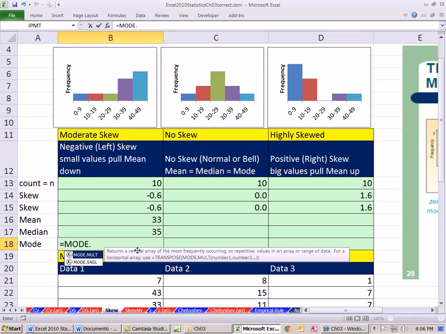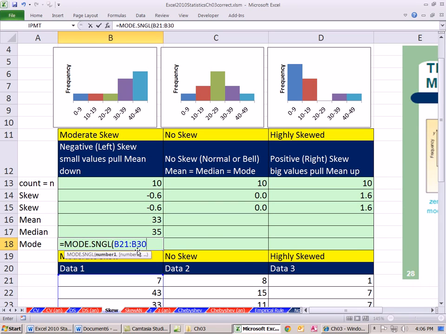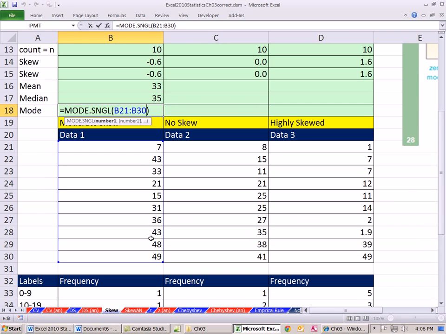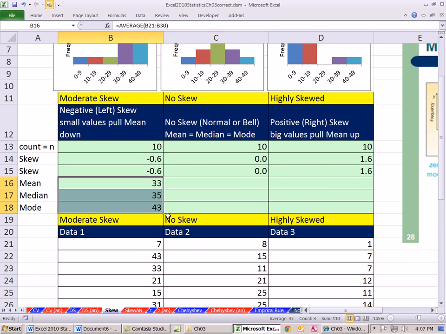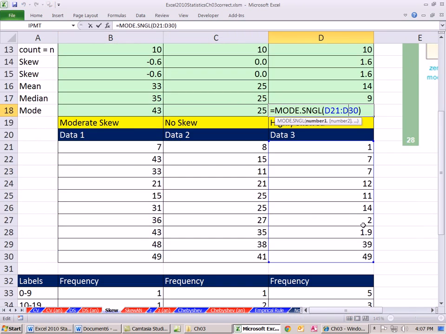I'm going to do MODE.SNGL. Notice these are relative cell references. So if you have data set up like this, you can highlight all 3 of your different formulas and copy them over using your fill handle. And you can see that it worked just fine.